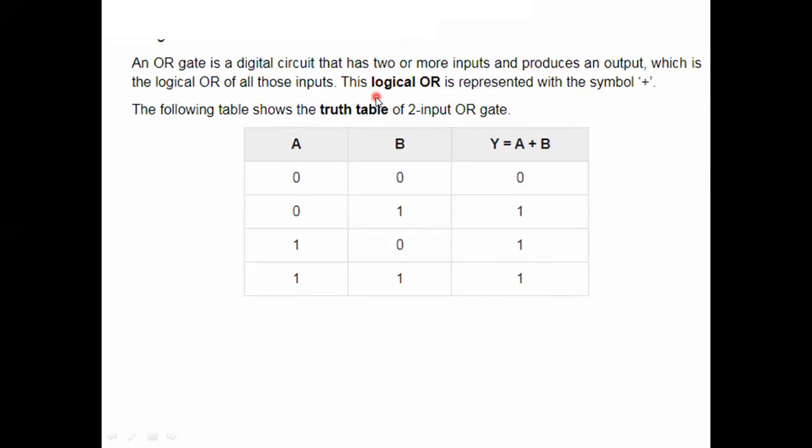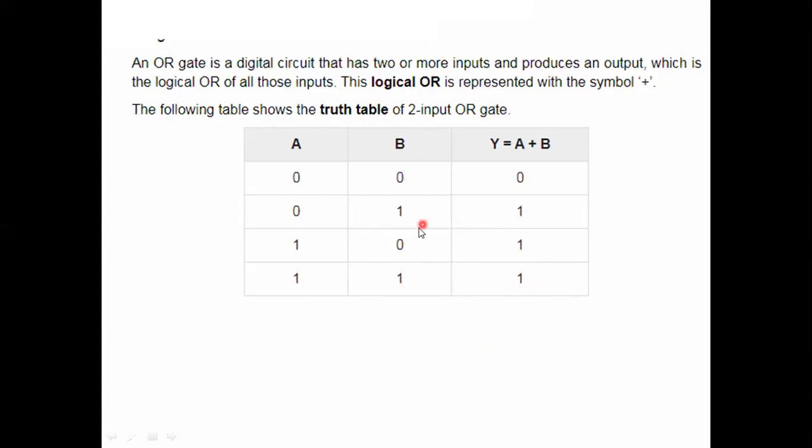But here this is logical OR. That's why 1 logical OR 1 is also 1. Remember this, no need to get confused here. Logically OR, that's why 1 OR 1 means the output is also high, that is 1.